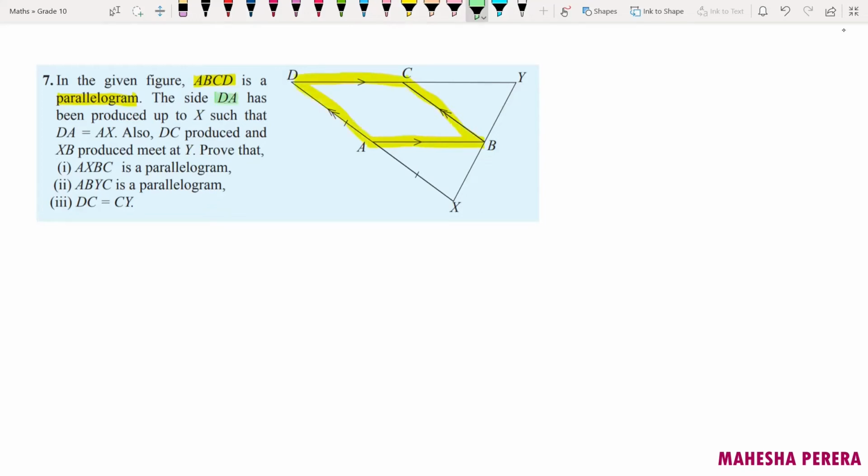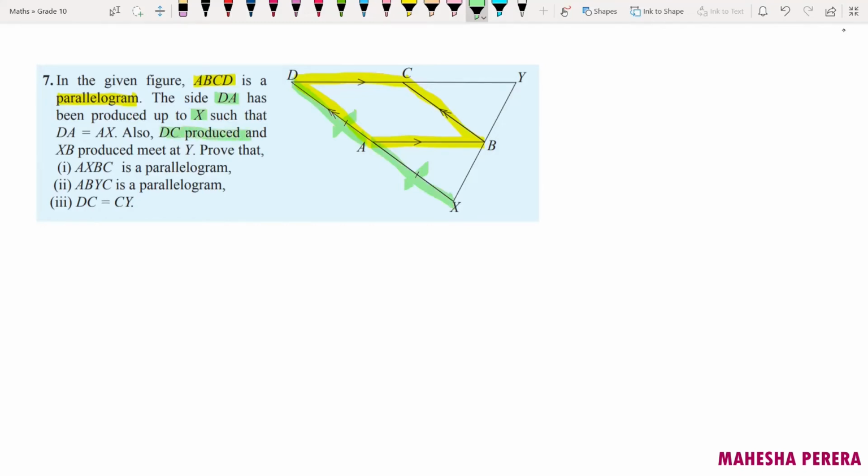The side DA has been produced up to X. This is side DA and it has been produced up to X, right? Such that DA equals AX. Yes, they have marked it. These two lengths are equal.